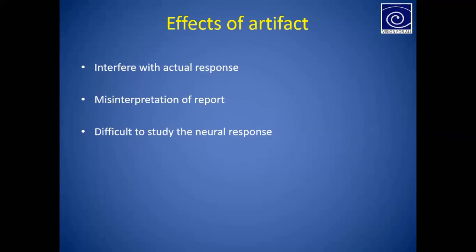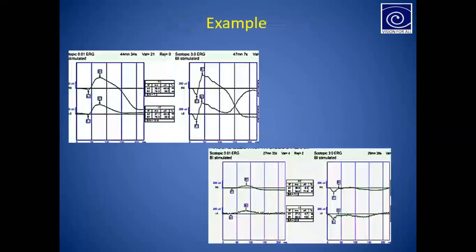Now I will show some examples of different types of artifacts in different types of electrophysiological reports. Here in the first report, it is showing a normal scotopic ERG. The first one is the isolated rod response, and the second one is the maximum combined scotopic response.